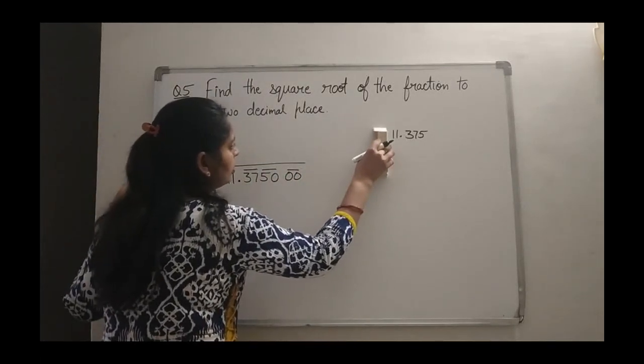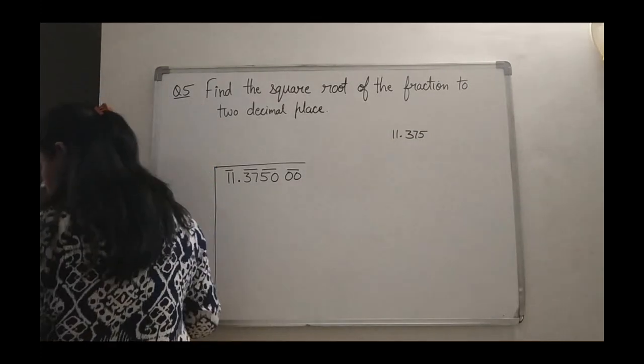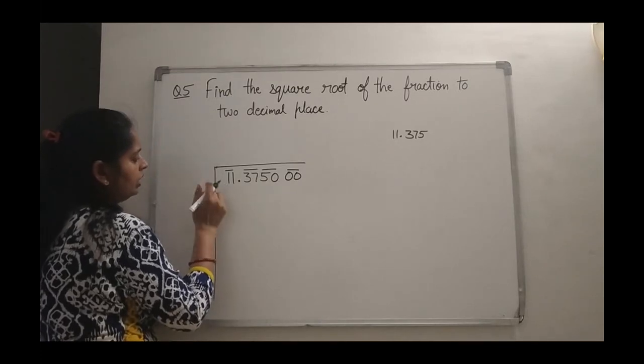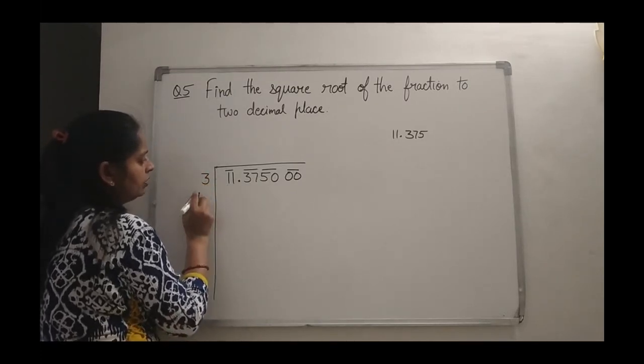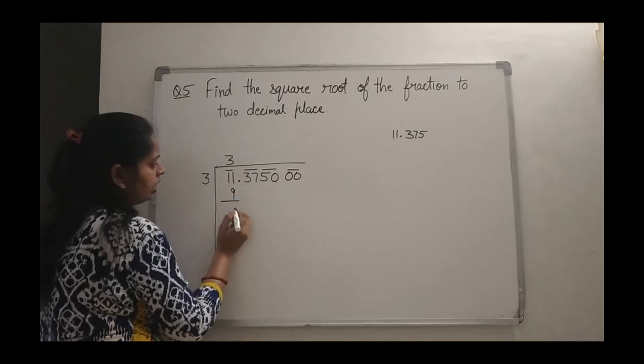This is the number we got after doing the calculations, right? So 11.375. Again, 11 is there, so its nearby perfect square is 9. So 3 3s is 9.